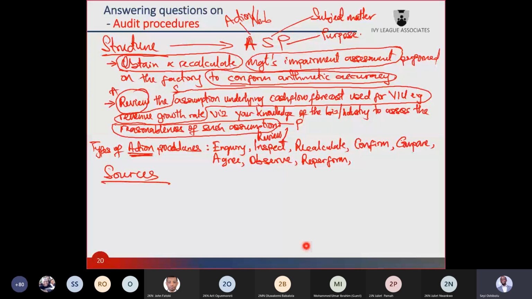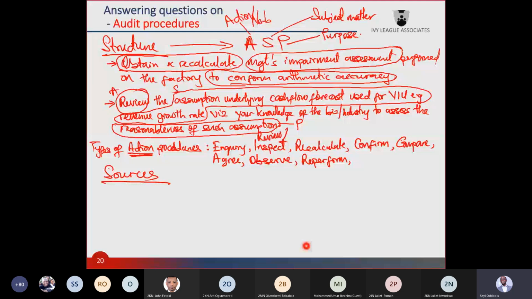When another candidate is saying review announcements, newspaper adverts, publicity performed by management as evidence that the entity is committed to the planned sale or the entity is actively looking for a buyer, you have to state the subject matter. But beyond stating the subject matter, you have to state the purpose.